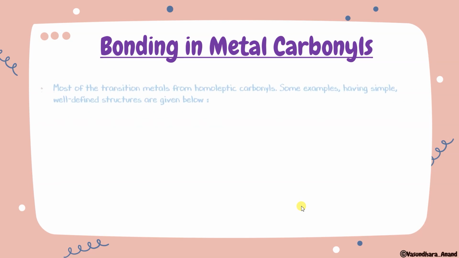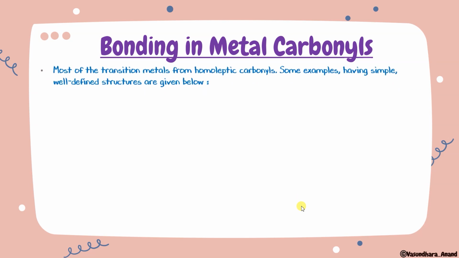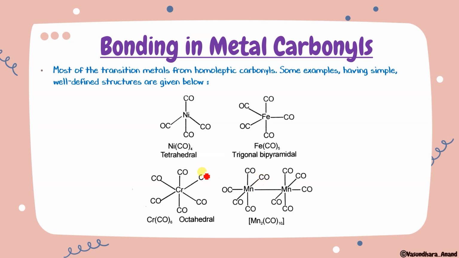Bonding in metal carbonyls: most transition metals form homoleptic carbonyls. I have told you about that. Homoleptic means all the ligands are of the same kind. Some examples having simple, well-defined structures are given below. Tetracarbonylnickel has a tetrahedral structure.